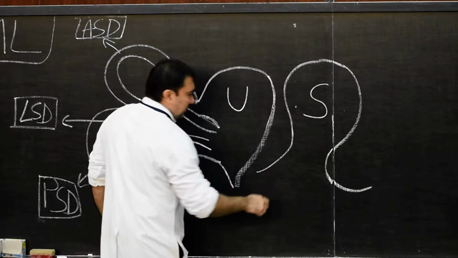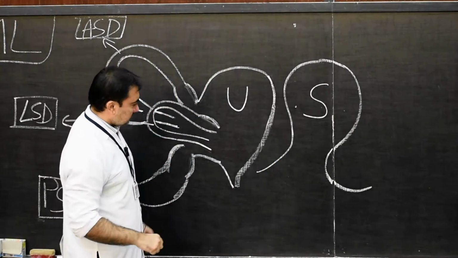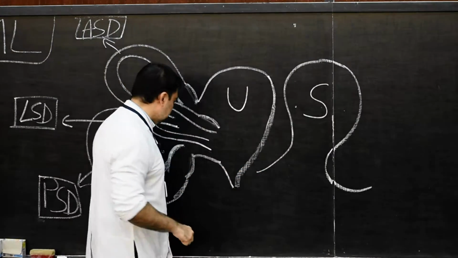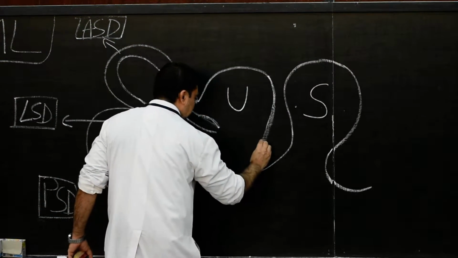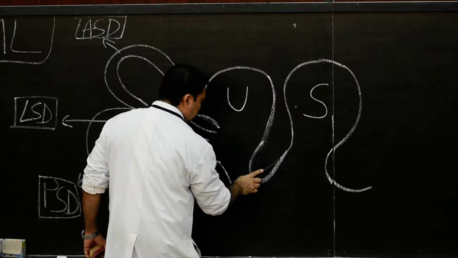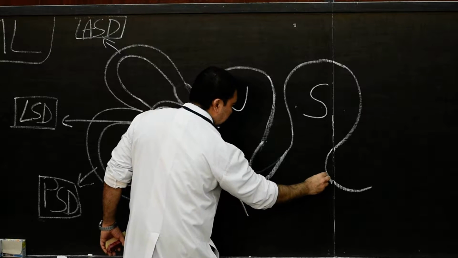This utricle and saccule are joined together by utriculosaccular duct. What is the shape of utriculosaccular duct? It will be Y-shaped. So let us make this as Y-shaped utriculosaccular duct. This is how the utriculosaccular duct will appear.